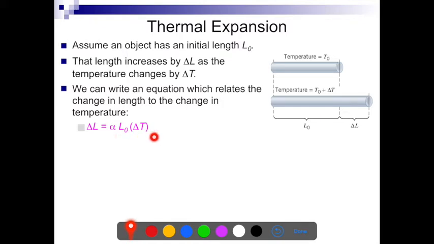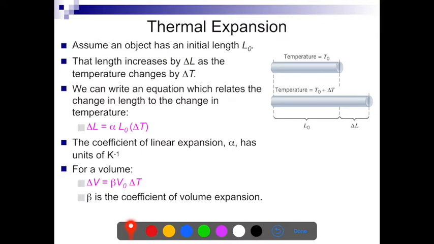In this equation, the Greek symbol alpha is called the coefficient of linear expansion. The coefficient of linear expansion has a unit of inverse Kelvin, or Kelvin to the -1. Alpha, the coefficient of linear expansion, is a property of the material. Different materials have different coefficients of linear expansions.